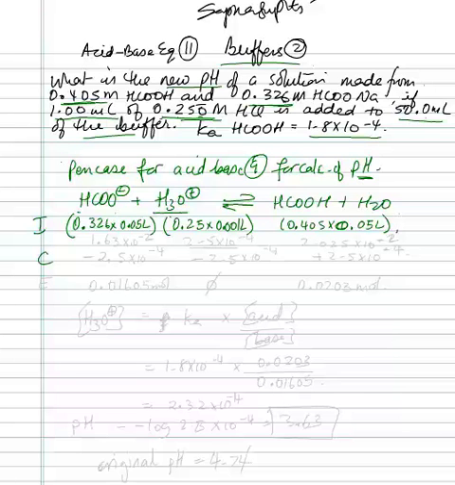So let me write the calculated amounts that we have here. 1.63 times 10 to the negative 2, 2.5 times 10 to the negative 4, and then 2.025 times 10 to the negative 2. Okay, so I had my calculation wrong there, but anyhow, that's what it is.